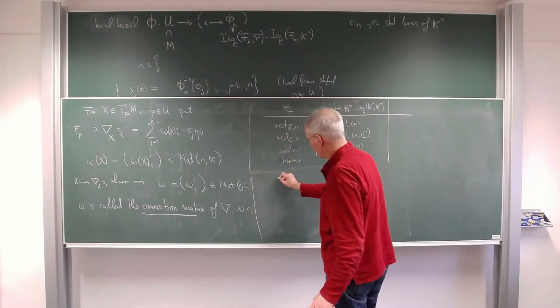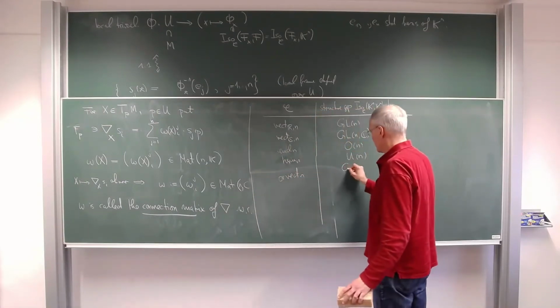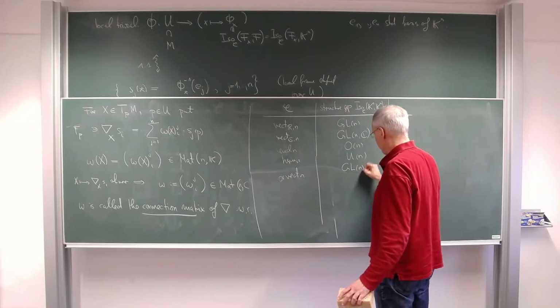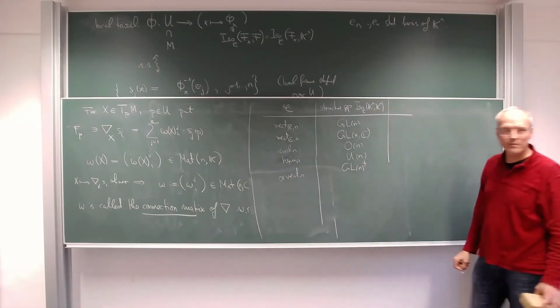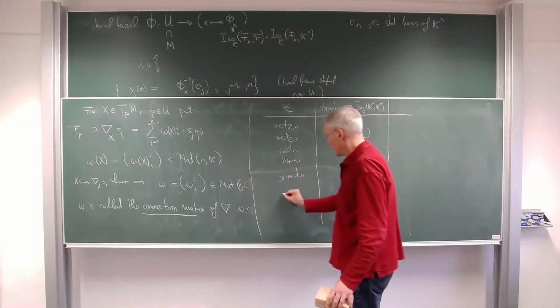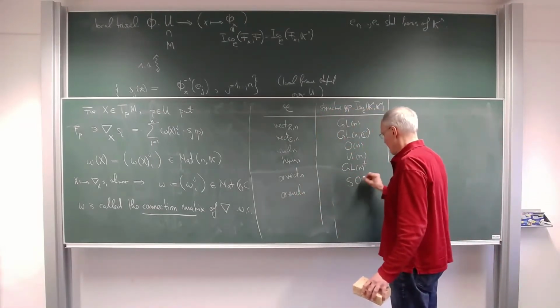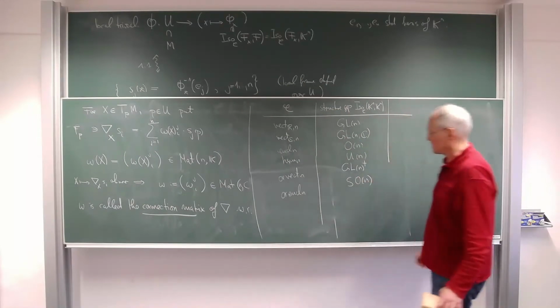Then I have the oriented case, which gives me GL_n plus, those invertible matrices with a positive determinant. And finally, the oriented Euclidean case gives me SO(n). So those are the important ones.